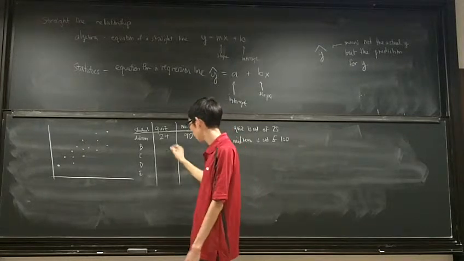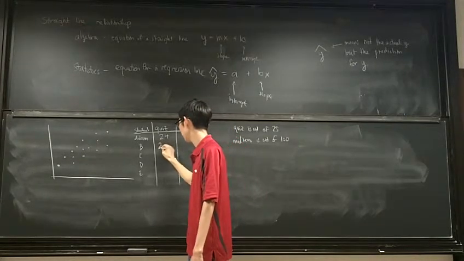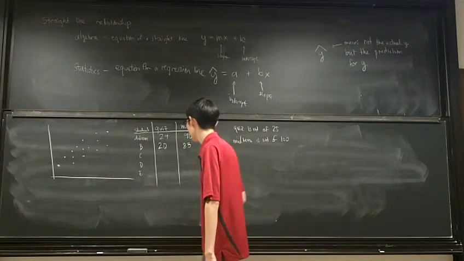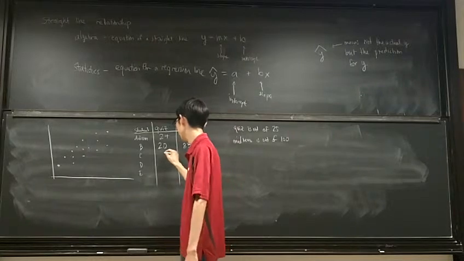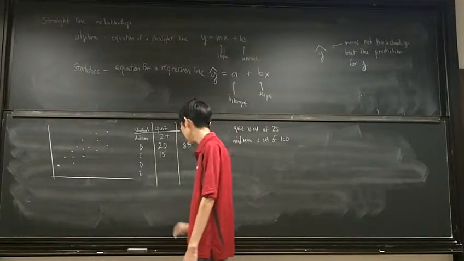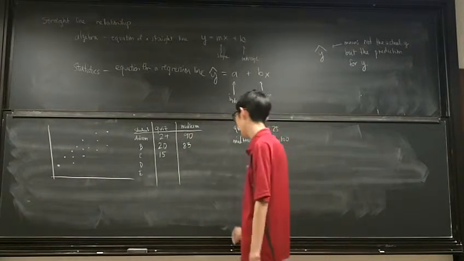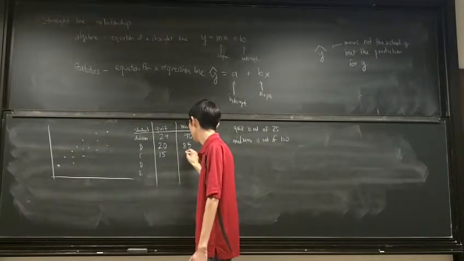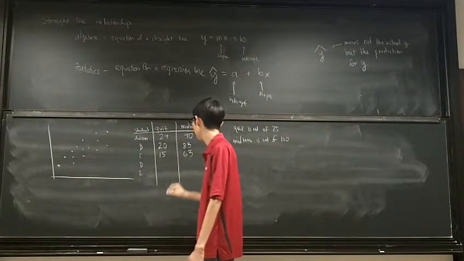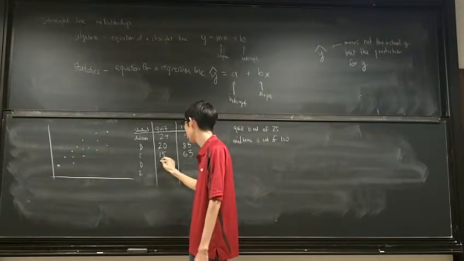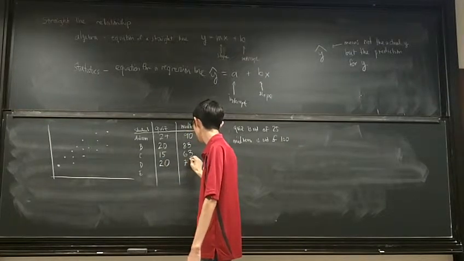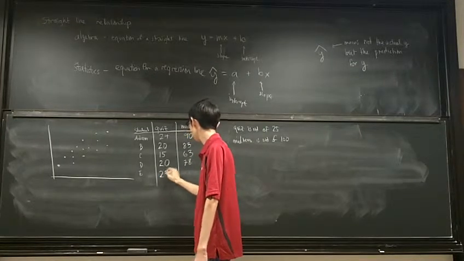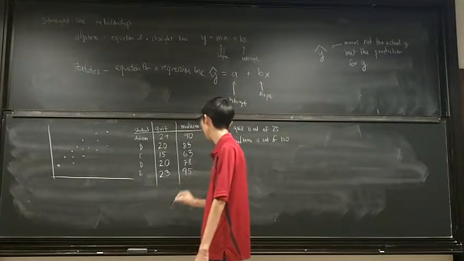And let's say Bob got a 20 on the quiz and 83 on the midterm. And Carl got 15 on the quiz and 63 on the midterm, and Doug got a 20 on the quiz but a 78 on the midterm, and Ed got a 23 on the quiz and a 95 on the midterm.